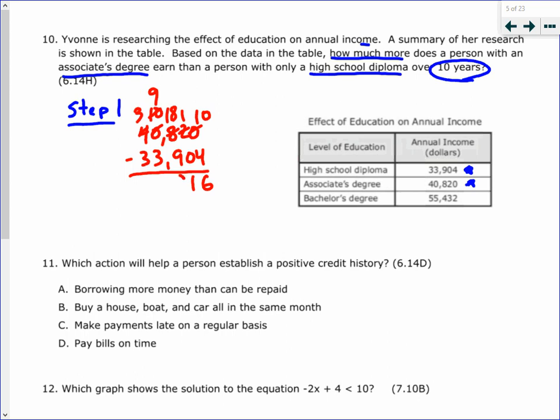So it's $6,916 per year. So we will do that times 10. So all we have to do is add a 0. So $69,160 for 10 years. Over 10 years.